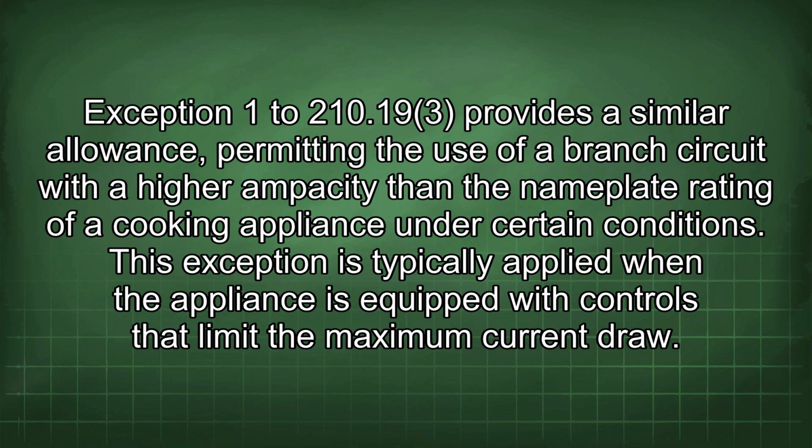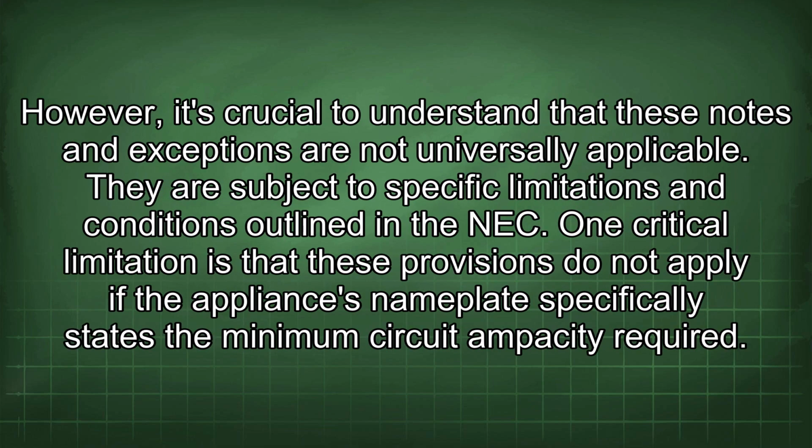Exception 1 to 210.193 provides a similar allowance, permitting the use of a branch circuit with a higher ampacity than the nameplate rating of a cooking appliance under certain conditions. This exception is typically applied when the appliance is equipped with controls that limit the maximum current draw. However, it's crucial to understand that these notes and exceptions are not universally applicable.